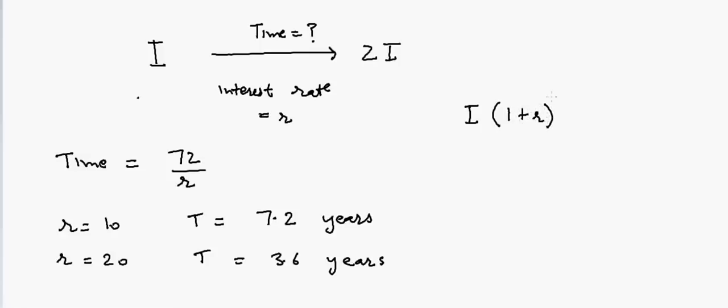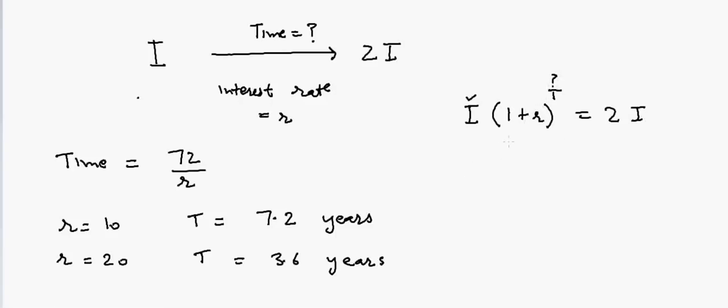We invested for t years, so that should be equal to 2I. This is our initial investment, and then we have an interest rate every year, and this is compounded every year, so that will become 2I after a certain time. And we want to calculate what the time should be.